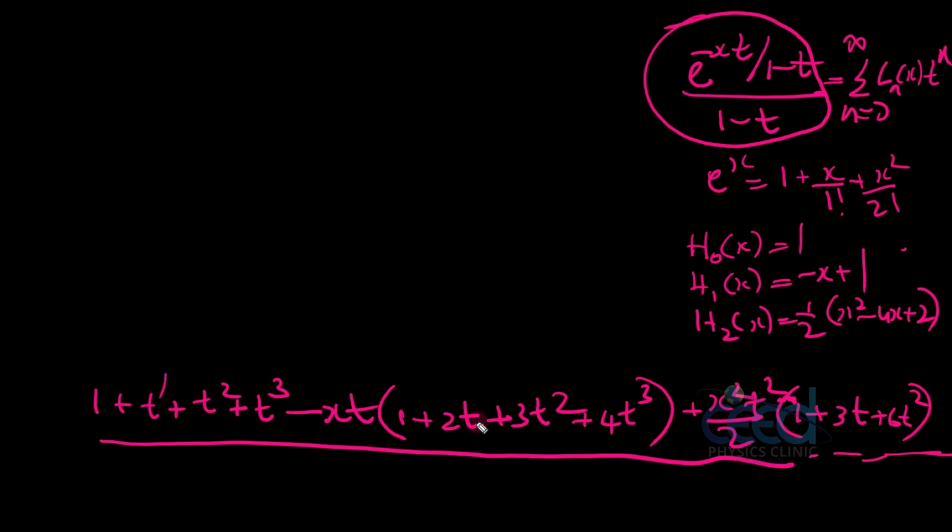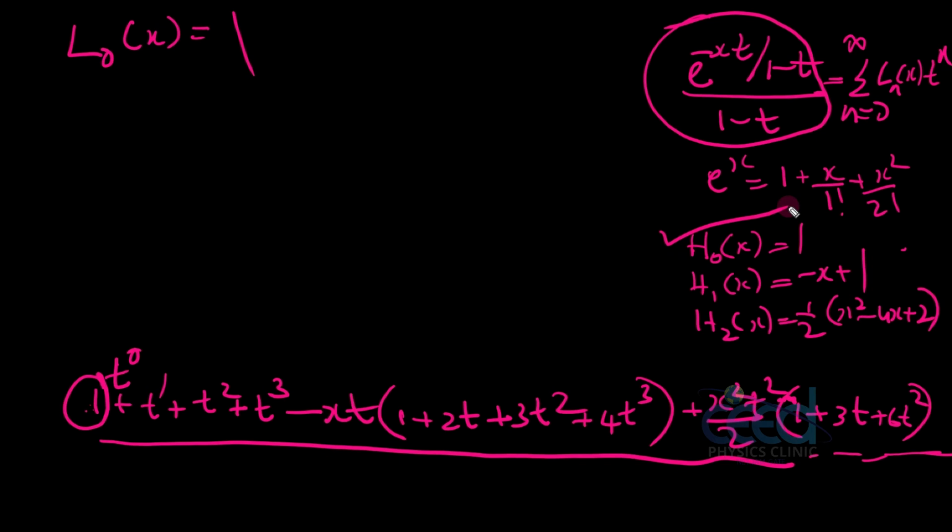In all terms we have a t. The only term which does not have t is this 1, which I can write as 1 into t raised to 0. So the coefficient of t raised to 0 is 1, so L0 of x is equal to 1, which verifies this result.